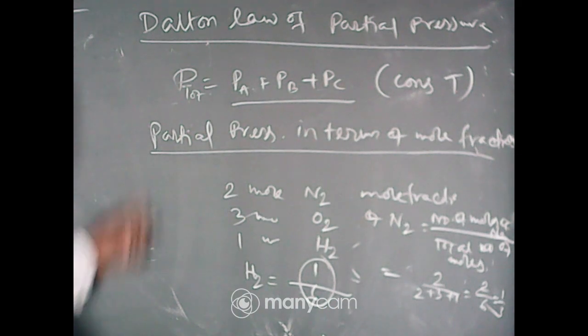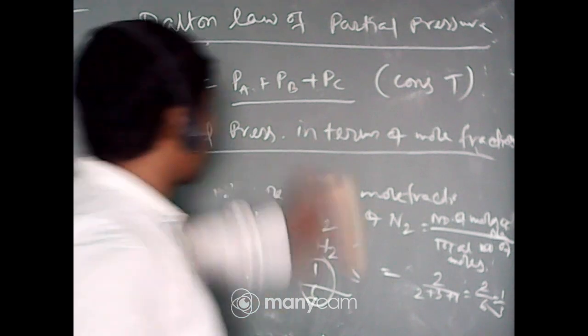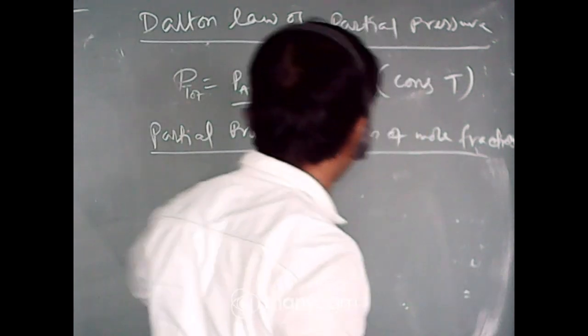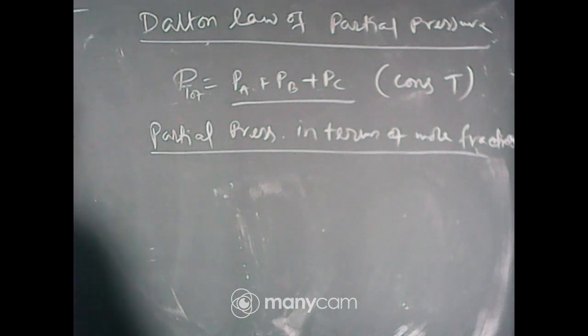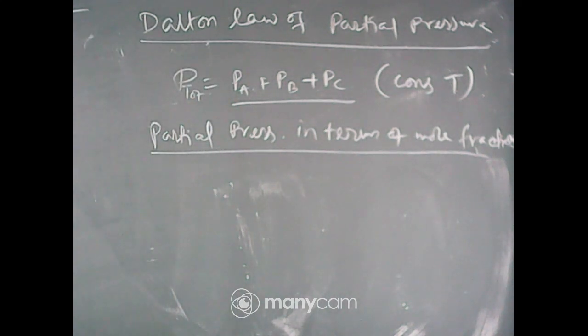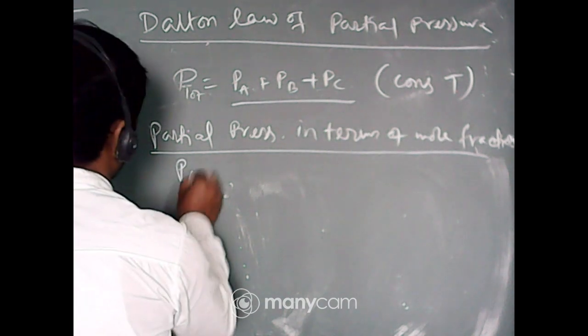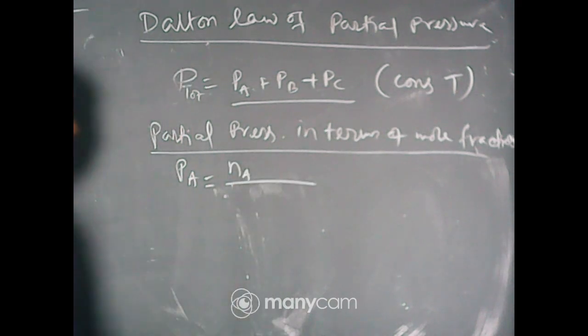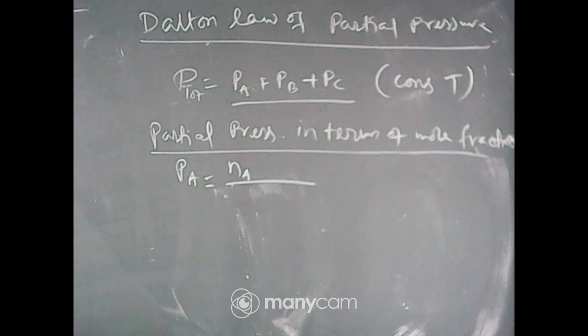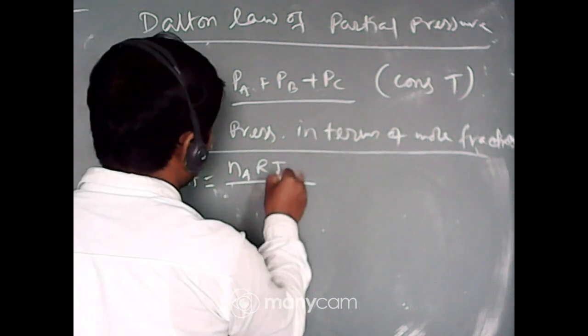So, the topic is partial pressure in terms of mole fraction. We have to find it. To prove it, we will use the ideal gas equation: PA equal to NA, the number of moles, times the rest of the part, RT by V. But RT by V is constant here, since T is constant and V is also constant.